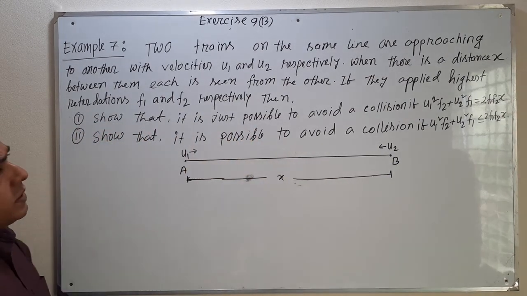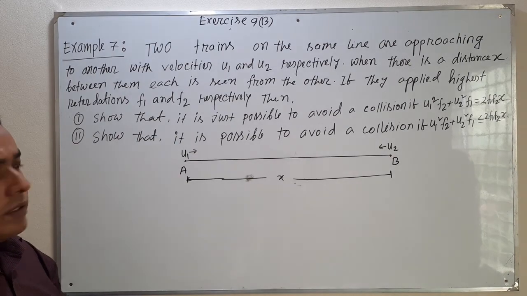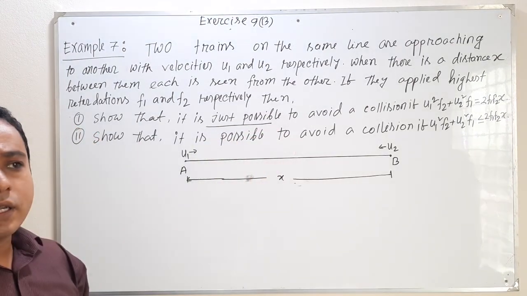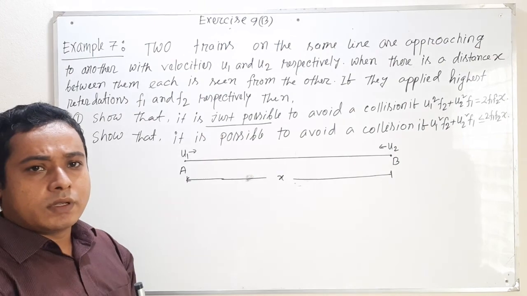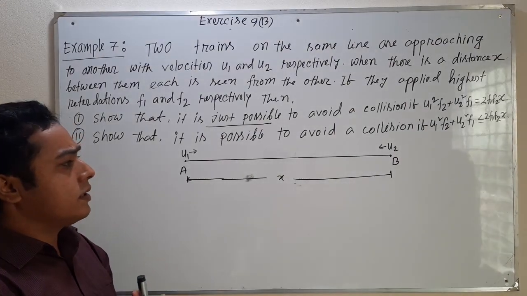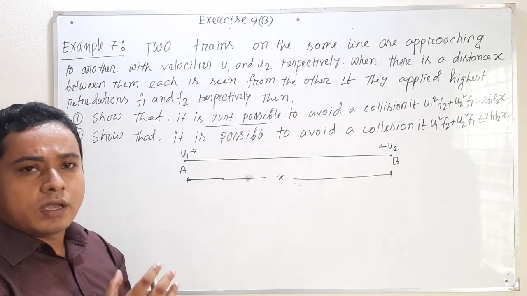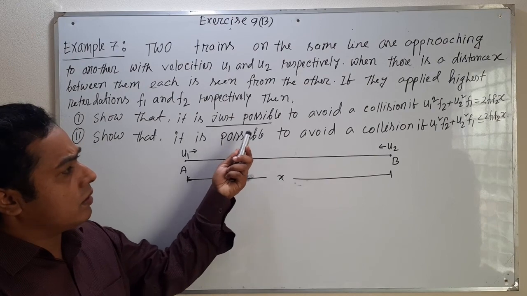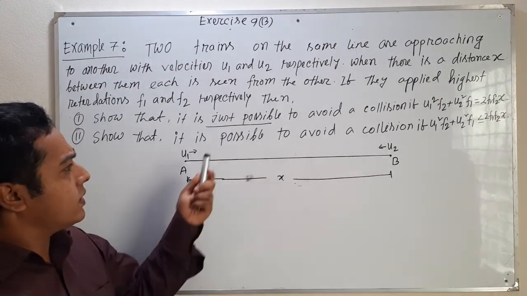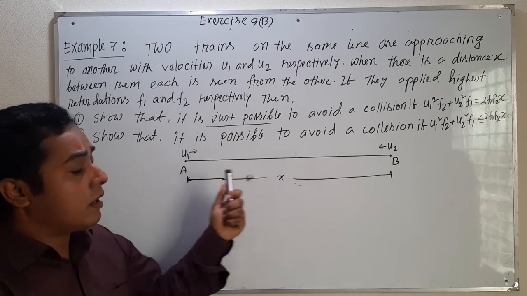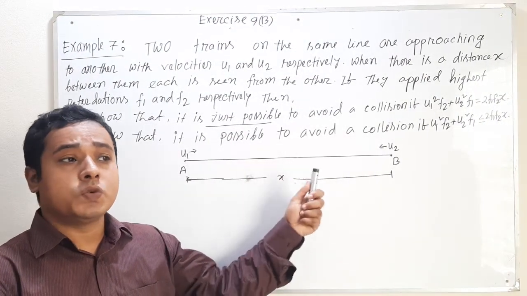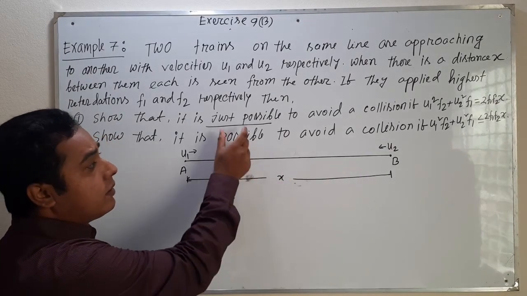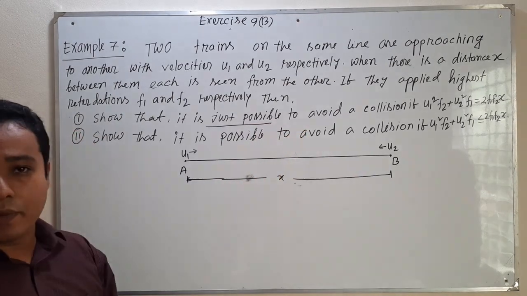So that it is just possible to avoid a collision, the highest distance traveled by the two trains together is x. This is called just possible to avoid the collision.